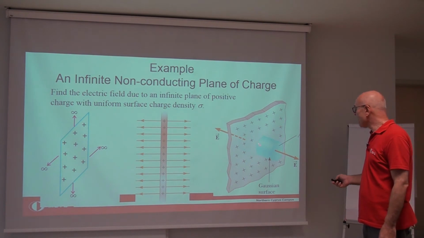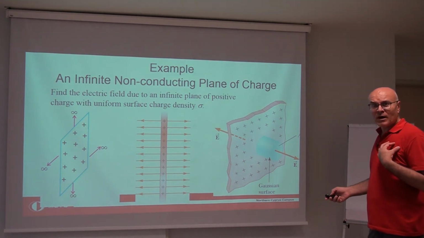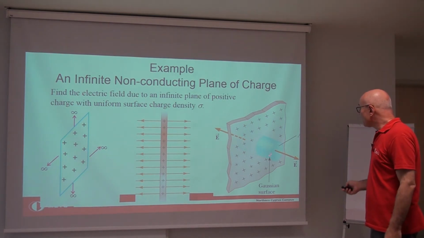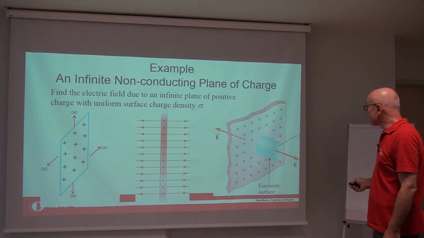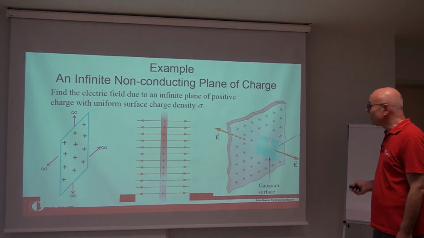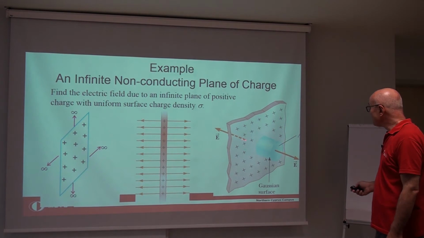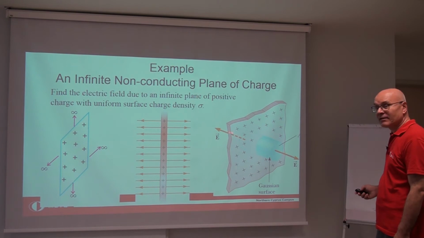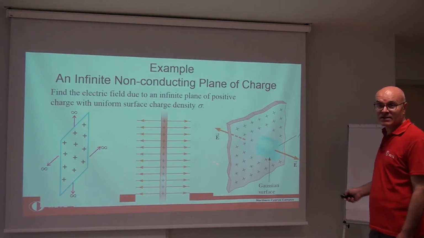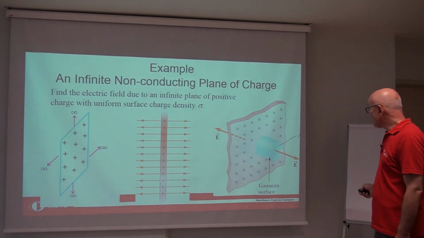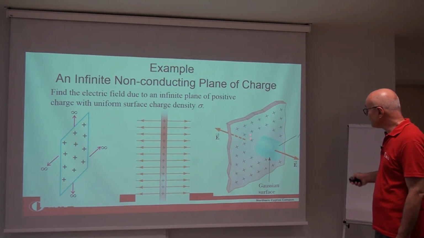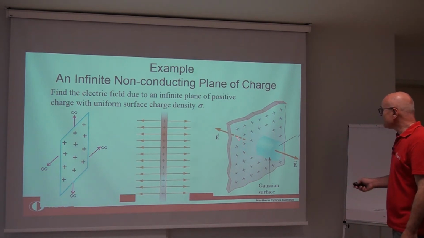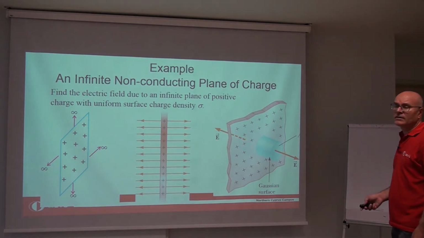What I know about the electric field on this cylinder is the following. On the curved part, the electric field is parallel to the surface, in other words, normal to dA here, so it doesn't contribute to the flux. On this side and the other side, the electric field is definitely the same, and it is perpendicular to the Gaussian surface.